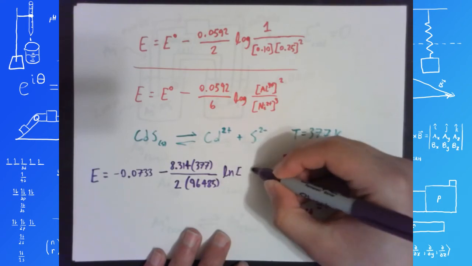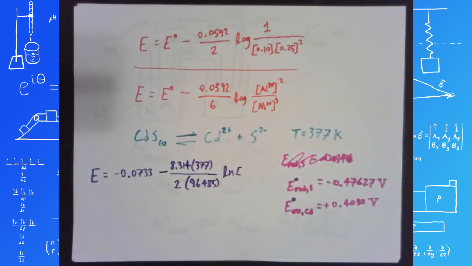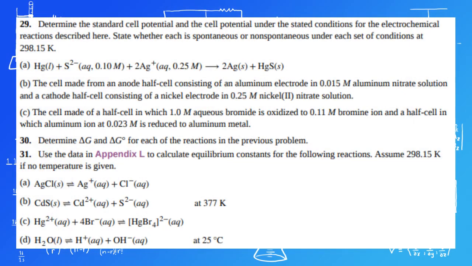Cadmium to the first power and sulfide also to the first power. What were the concentrations given as? Let me see.